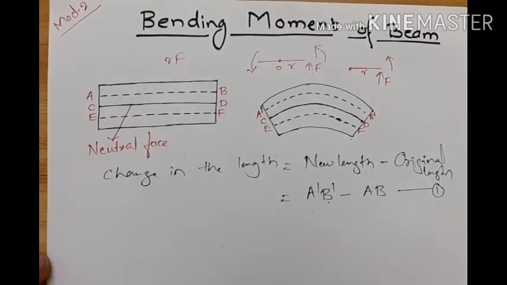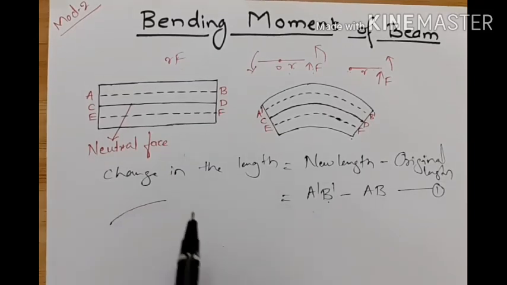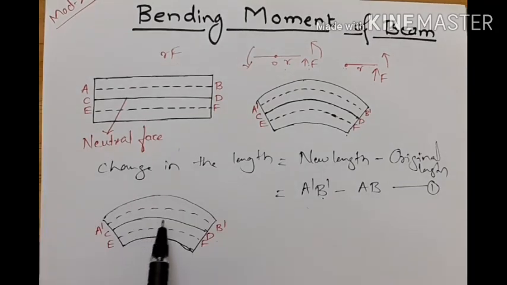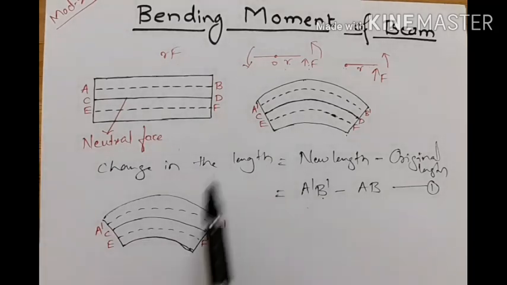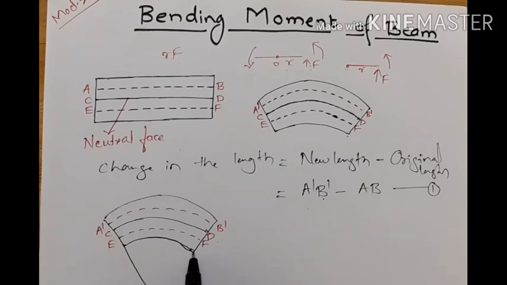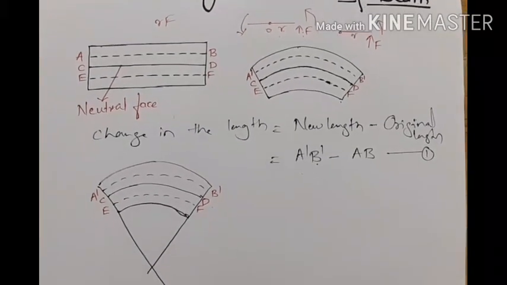I'll consider the same diagram here. Now what we will do is extend this line. When I extend it, it is going to cut here. I'll take this angle as theta.